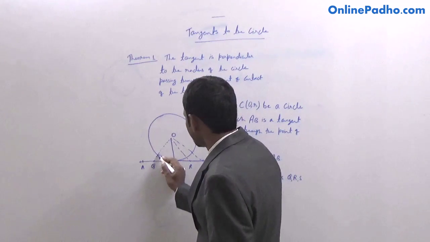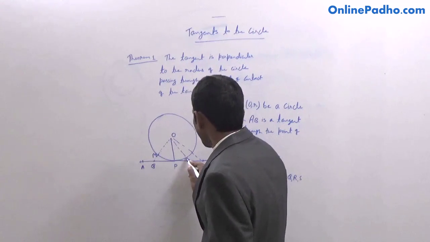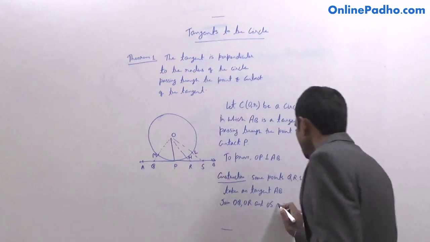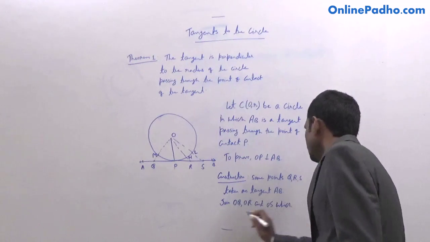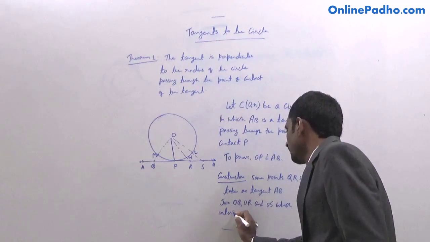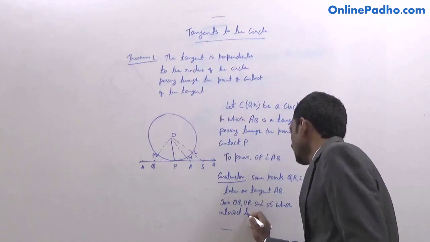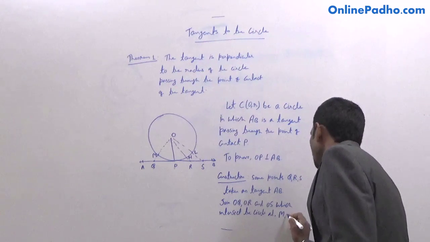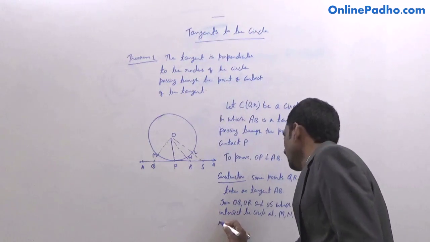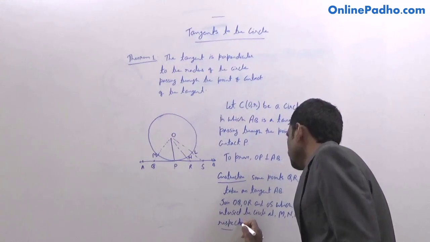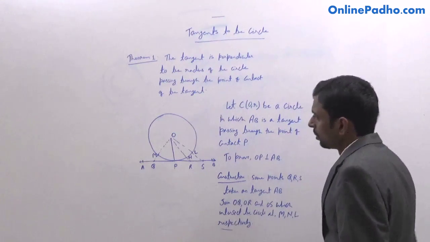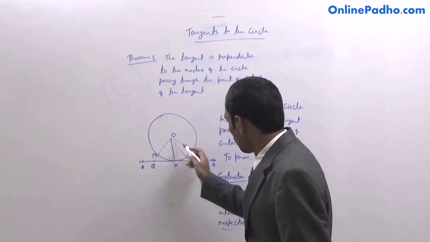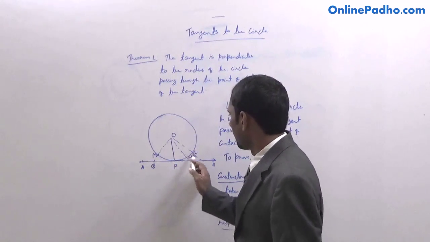Which intersect the circle at points M, N, L respectively. So if you join O with Q, O with R, O with S, they intersect the circle at M, N and L.